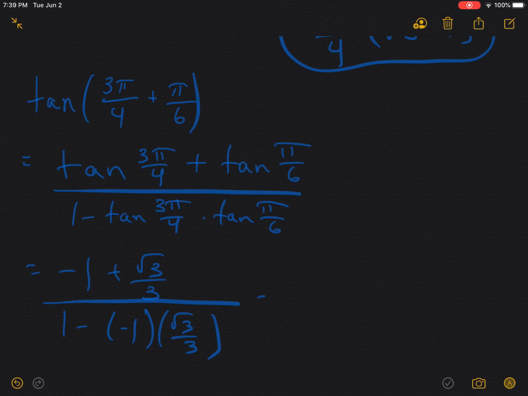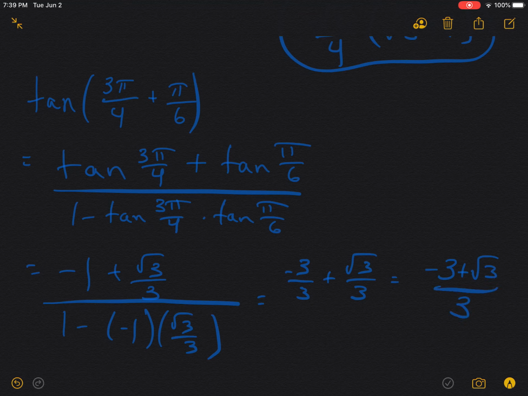Now order of operations, actually, you know what, I'm going to do the numerator. So basically we're going to have to simplify a lot here, okay? So in the numerator, just pay attention to the numerator. Notice there's a negative 1. So I'm going to turn that into negative 3 over 3 because I want to combine it with square root of 3 over 3. So that numerator is going to turn into negative 3 plus square root of 3 all over 3.